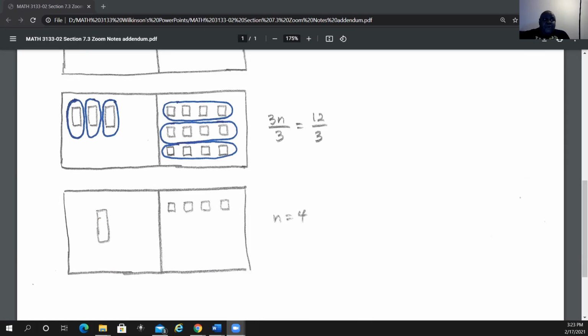Now, in part B, you got 2 times the quantity 1 minus n, and that's equal to 5n plus 7. Here's what that representation looks like. Let's work with the 1 minus n as 1 plus -n. That means I need one white 1 tile and one black n tile. But the 2 on the outside means I need 2 sets of 1 plus negative n.